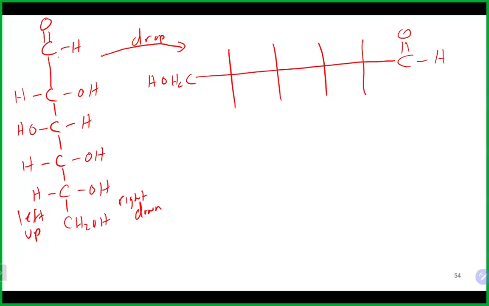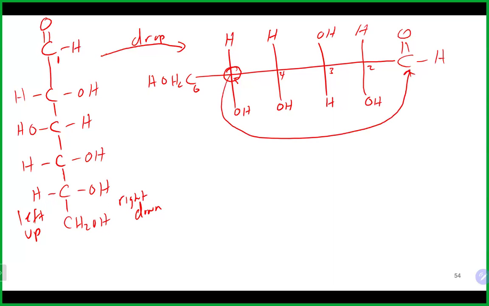And when we do number, just like in organic, that guy's going to take the priority. So that would be carbon 1, 2, 3, 4, 5, and 6. And obviously here we would draw it like we just dropped it there. And in this situation, when we have this hexose, that last chirocarbon pretty much from the carbon oxygen double bond is going to come in and attack the carbon oxygen double bond.